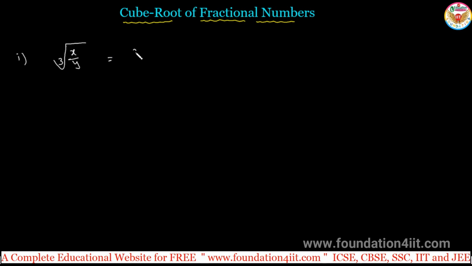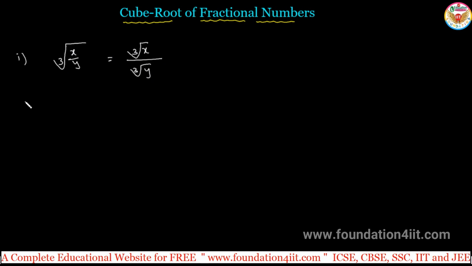Cube root of fractional numbers. To find the cube root of any fraction, like numerator divided by denominator, we can make it into parts by applying these formulas. If the question is cube root of x divided by y, we can make it cube root of x divided by cube root of y.